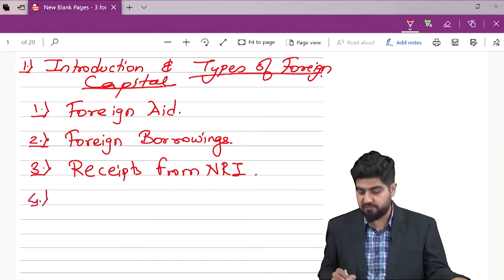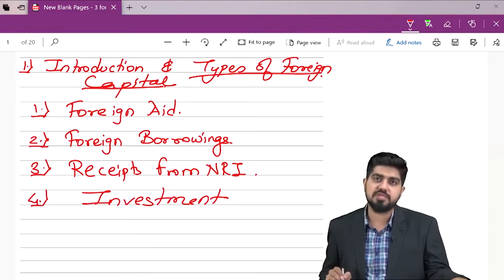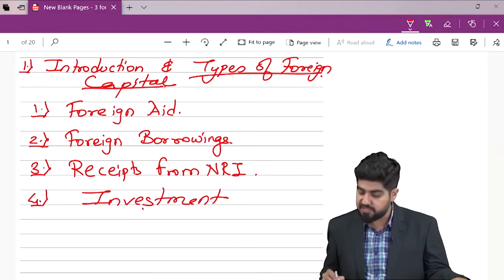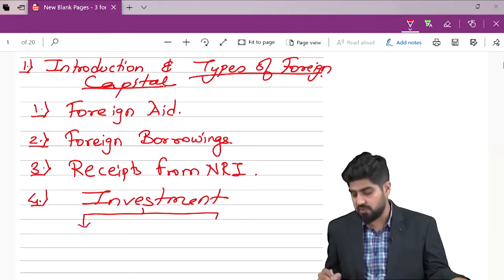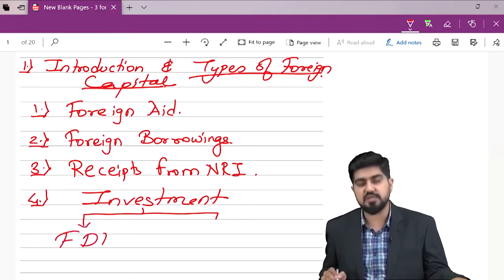Lastly friends, fourth one, it is nothing but investment. Now when we are talking about investment, frankly speaking, there are two categories of investment that we are going to talk about. First one is called as FDI, which stands for foreign direct investment.